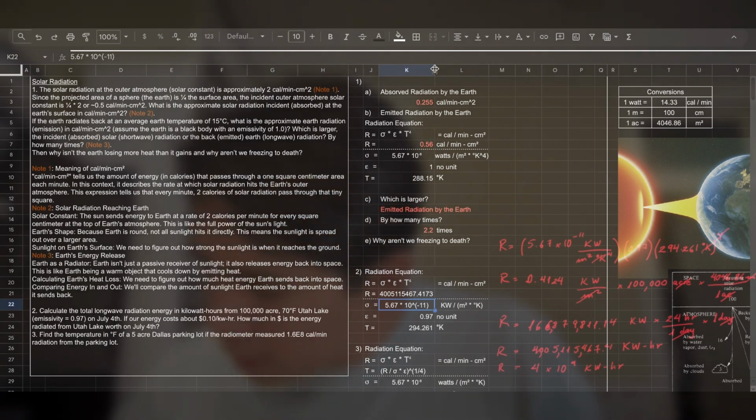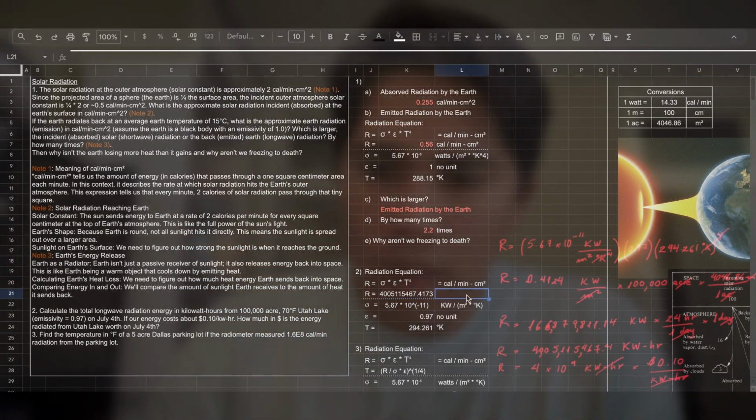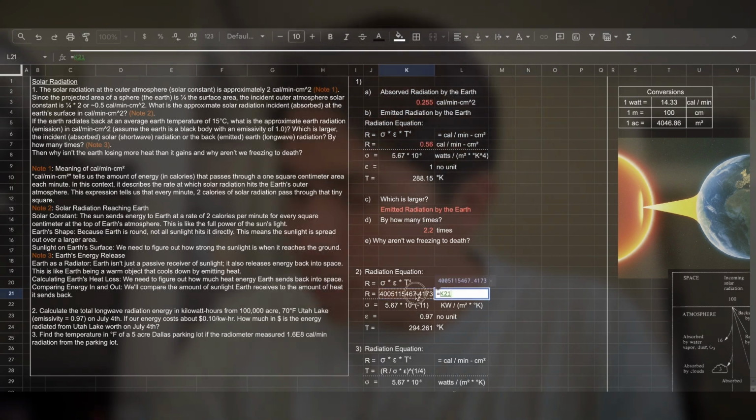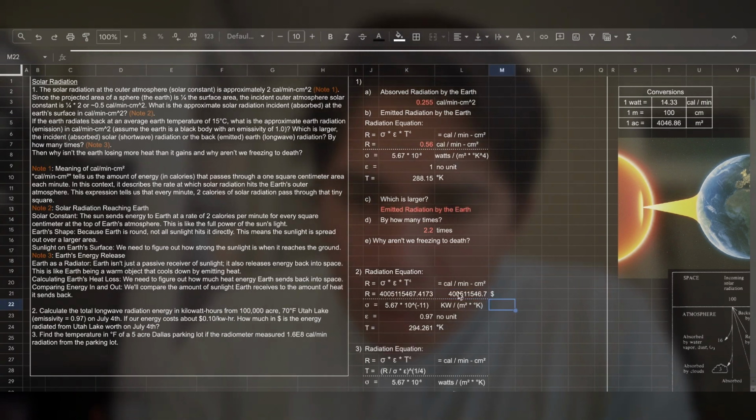We'll have to multiply this value times 0.10 per kilowatt hour. Kilowatt hours cancel. And now this is equal to this times 0.1. And this is in dollars, right?